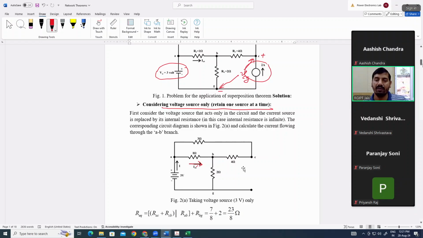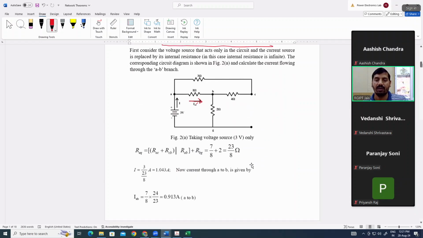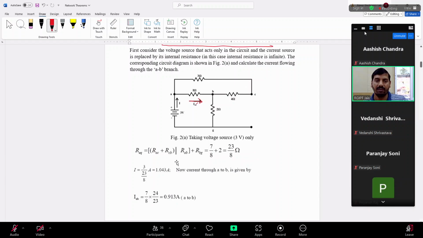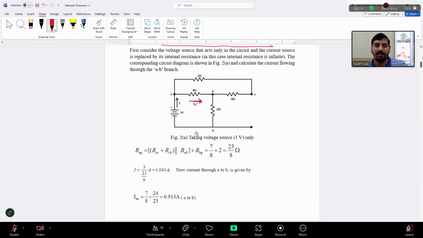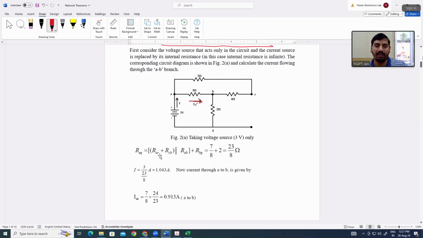You have to find out the values of IAB and VCG. So R equivalent is equal to RAC and RCB. You can see clearly that these two are in series combination.